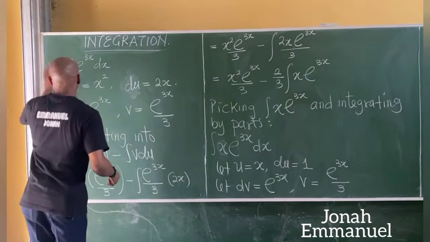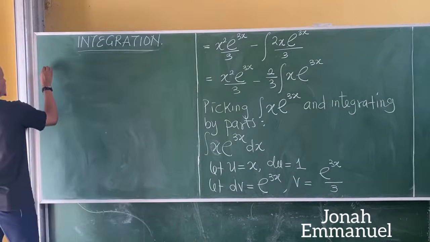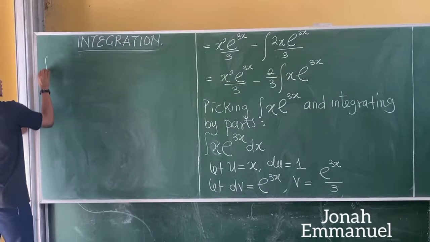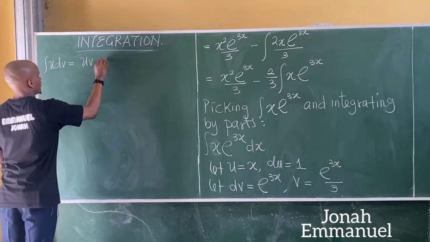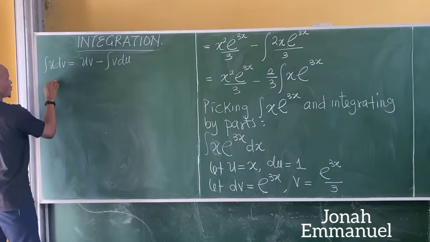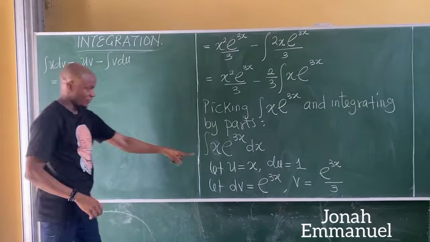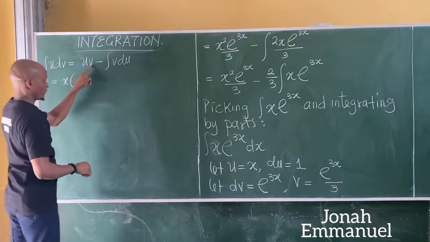So I'll take this off. So if I substitute this, I'll have that we said the integral of u dv is equal to uv minus integral of v du. So this is now equal to u. The new value of u here is x, it becomes x into v.